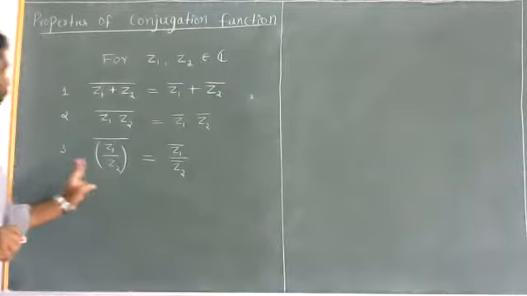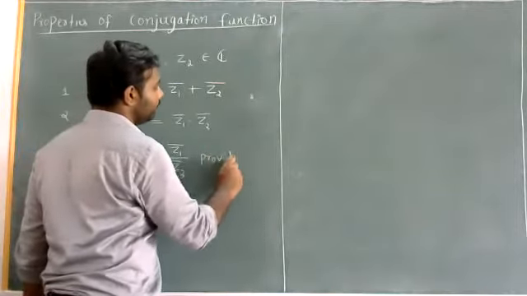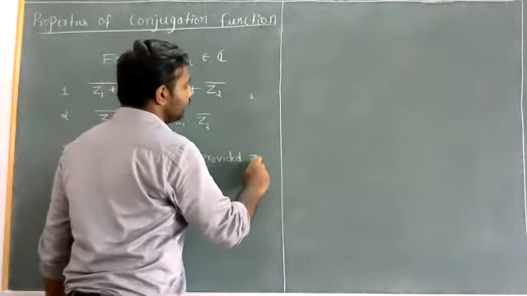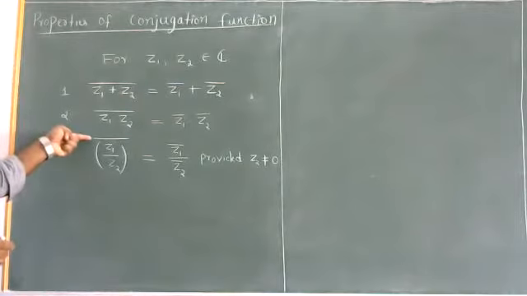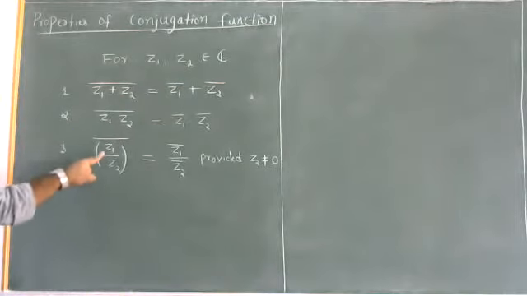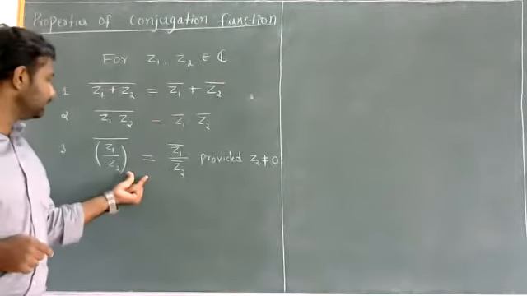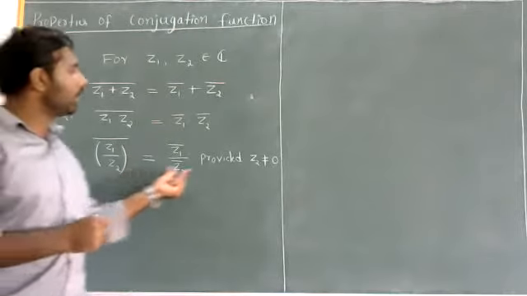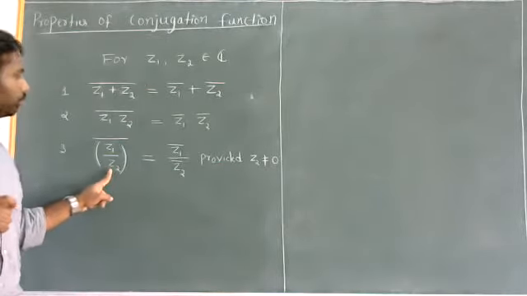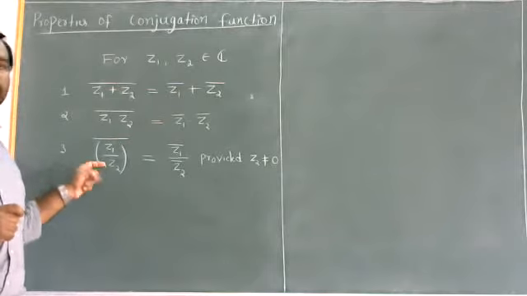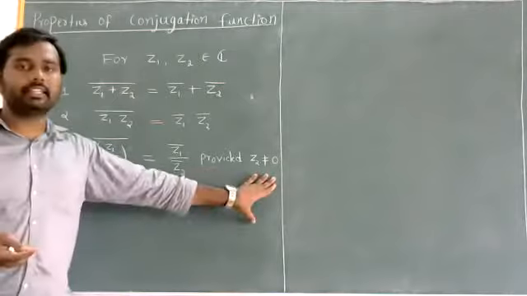And in this property we have a condition, that is, provided the denominator number is non-zero. So that is conjugate of the quotient is quotient of the conjugates. This property holds provided the denominator number should be non-zero. You know, if the denominator is equal to 0, then the number will become infinite. So hence we will avoid that case.